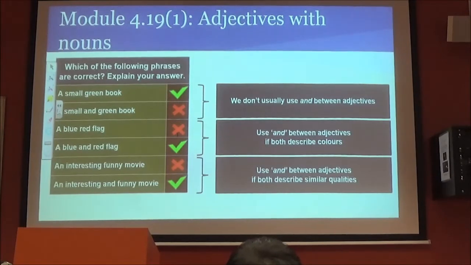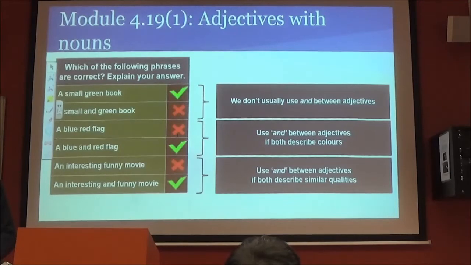So a quality of this movie is that it's funny, and a quality of the flag is that it's red and that it's blue. If the adjectives describe the same quality, namely colour, or interesting and funny, what kind of quality would that be? Personality?